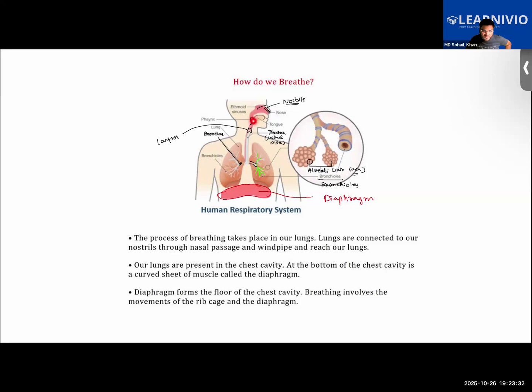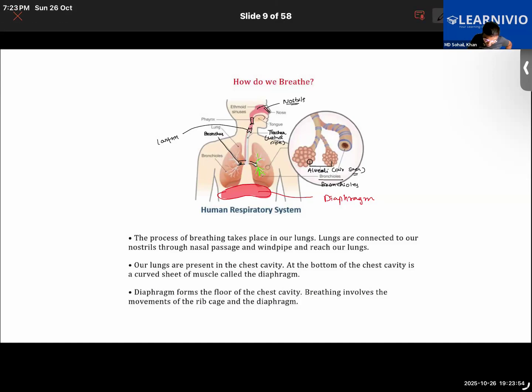From the pharynx, it goes into the larynx, and then via the windpipe, that is the trachea, it enters your lungs through the bronchus. Through the bronchus, it goes into the bronchioles, and finally into the alveoli. Understanding it or not?